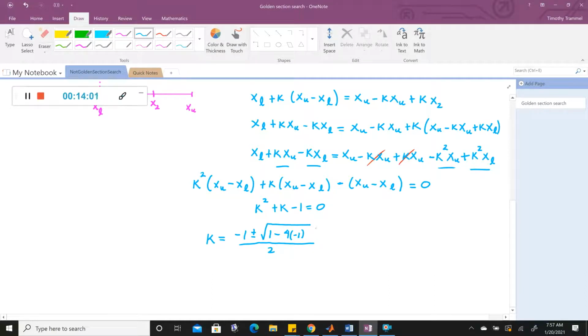A lot of 1's in here. Okay. And so this gives us minus 1 plus or minus the square root of 5, and then all over 2.